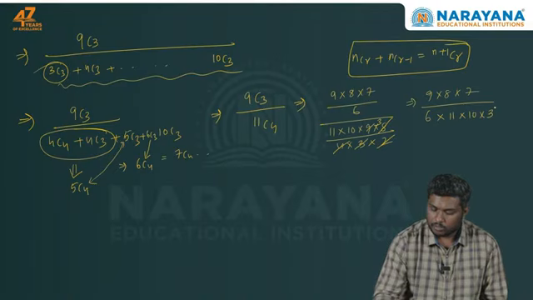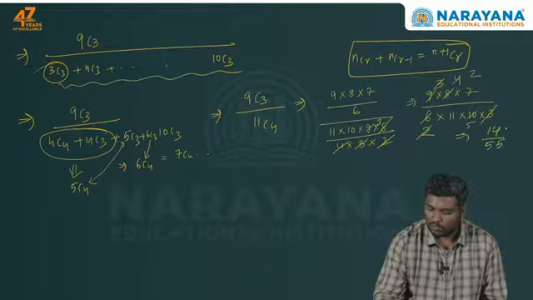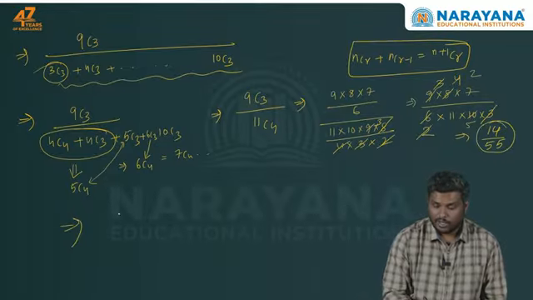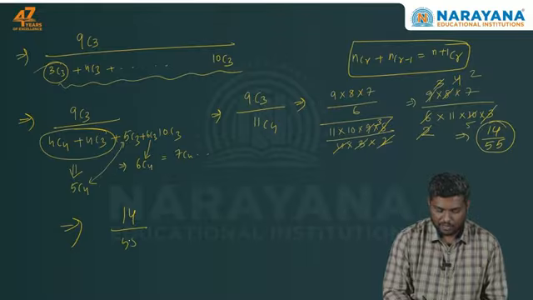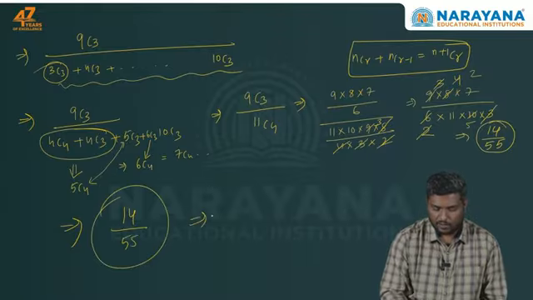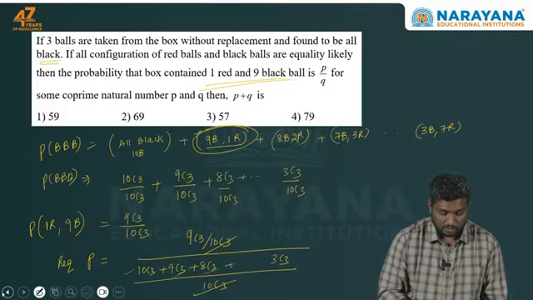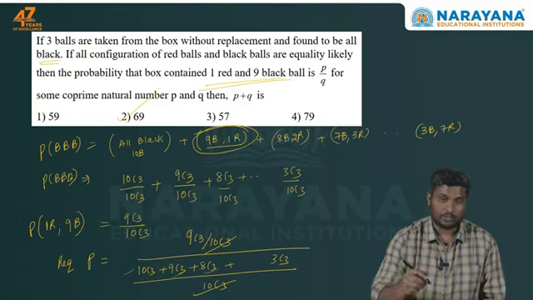Cancelling, this is going to give us 14 by 55. As these are both coprime, 14 by 55 is the probability. Now we need to find 55 plus 14, which is 69. So this should be the solution of this question from probability.